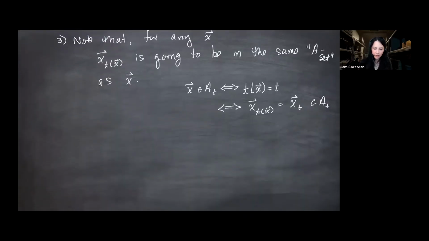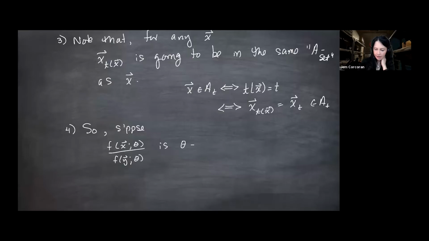Okay, so my fourth step is going to be, remember, I'm assuming that T is a statistic such that if that ratio of PDFs is theta free, then T(x) has to equal T(y). So, okay, suppose that f of x and theta over f of y and theta is theta free.